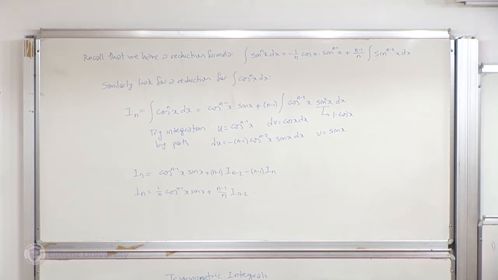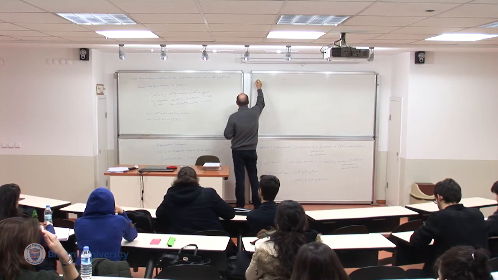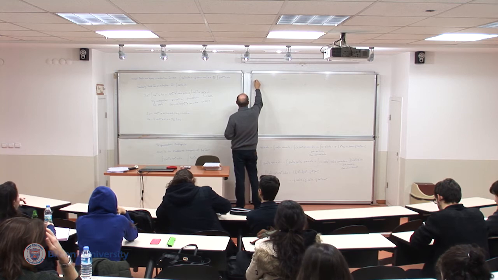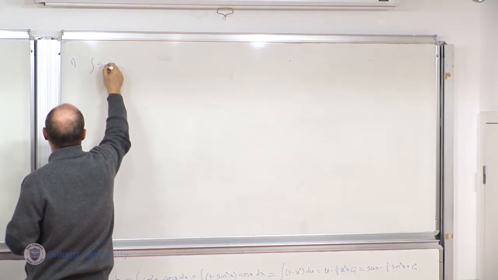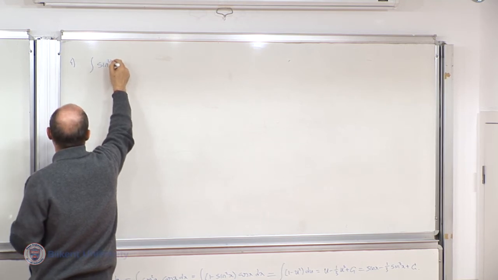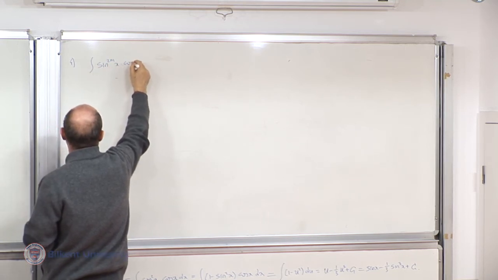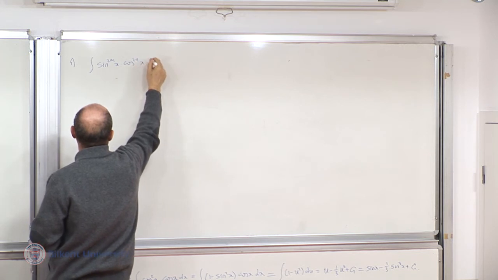Okay, so what is this for? Now we look at the case. The power of sine is an even integer, and the power of cosine is another even integer.